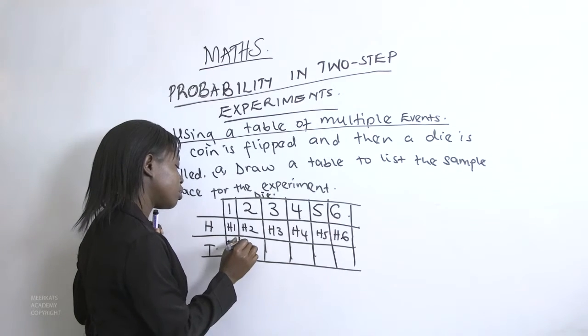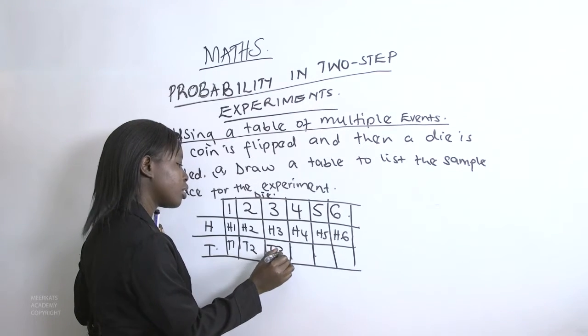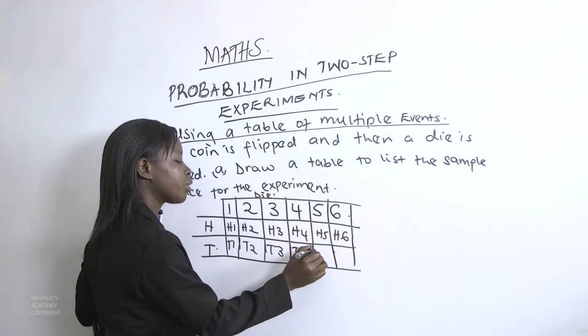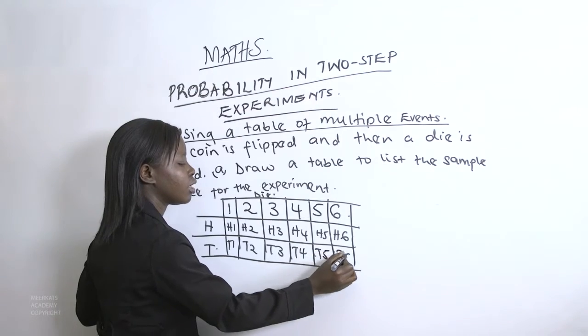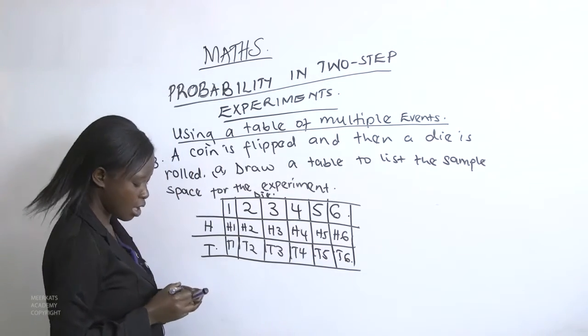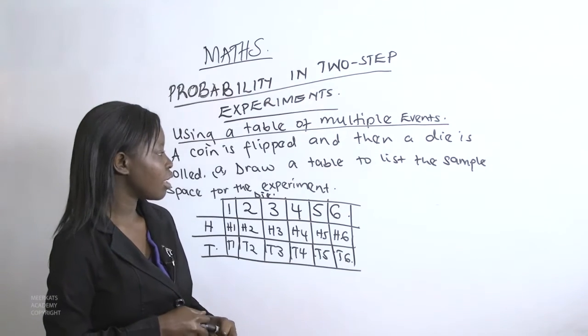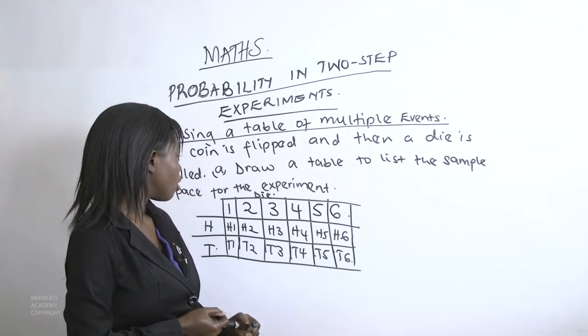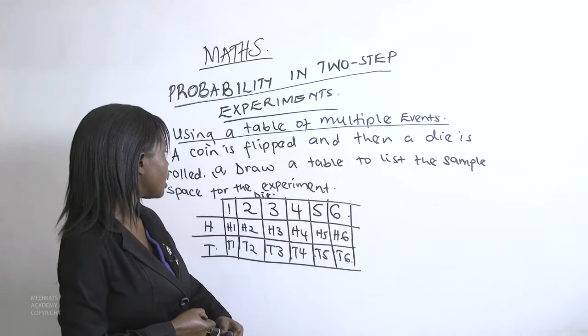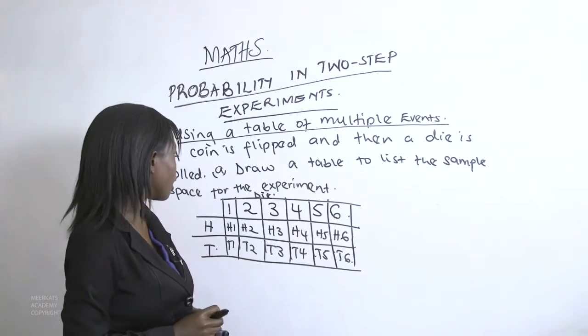Tail and 1, tail 2, tail 3, tail 4, tail 5, and tail 6. So those are the possible outcomes for that experiment of rolling a die and flipping a coin.